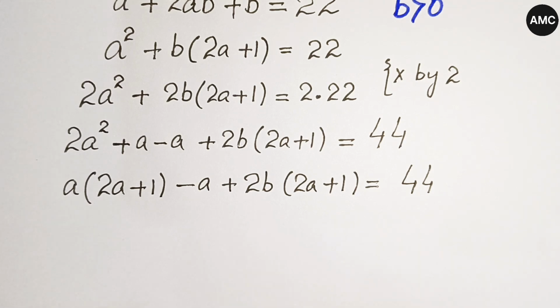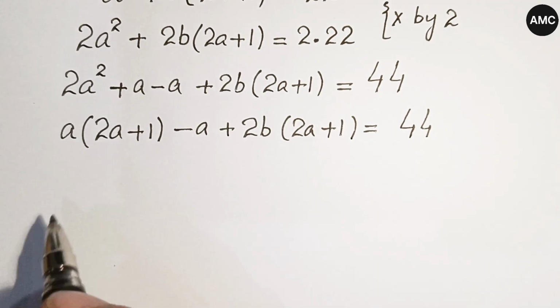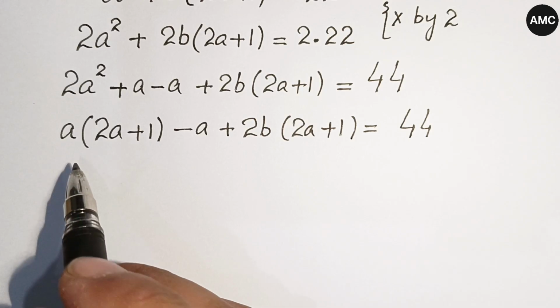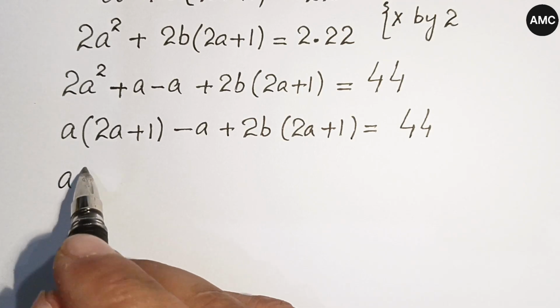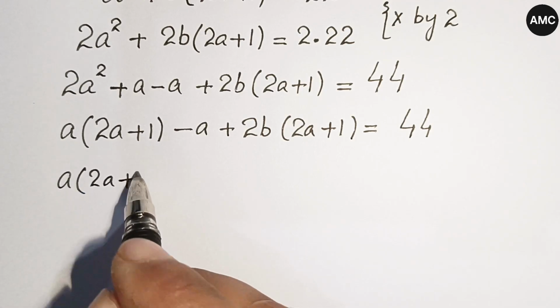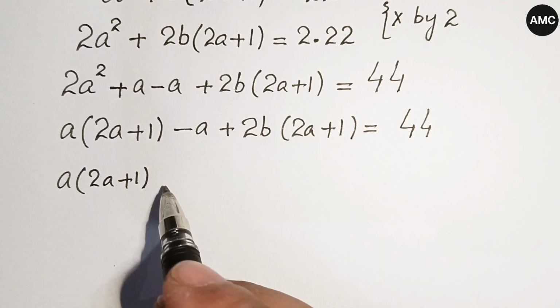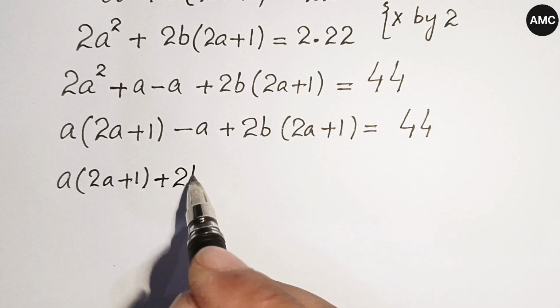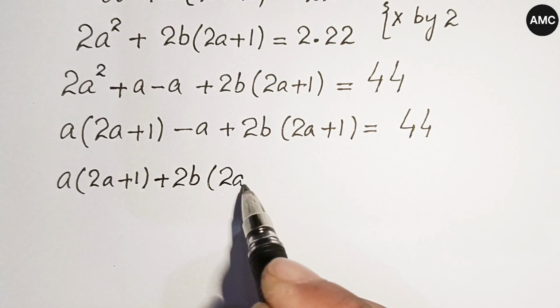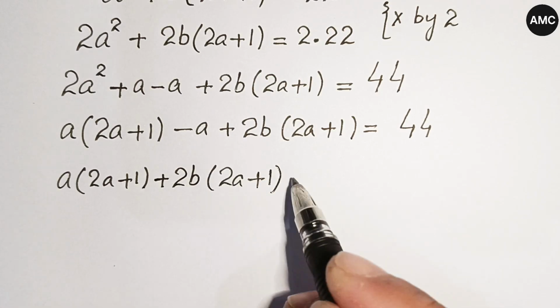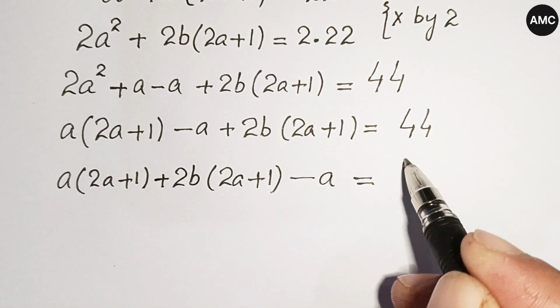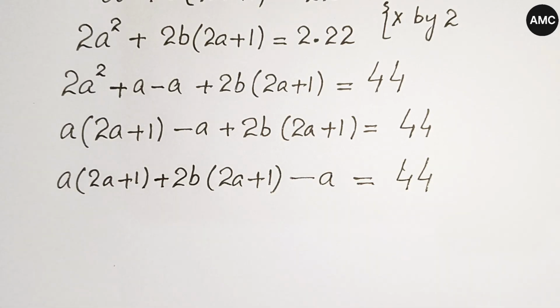Now here we write a times (2a plus 1), changing the position of the expression, plus 2 times b times (2a plus 1), and it is minus a, is equal to 44.